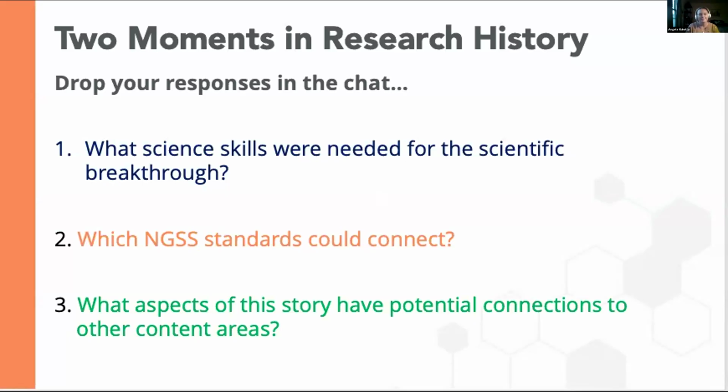You don't have to give the exact code, we just need a topic area. That'd be fabulous. And then thinking about our cross-cutting concepts, which is so important in those 3 dimensions and often gets pushed aside: what potential connections do you see from those 2 different moments in time to other content areas?